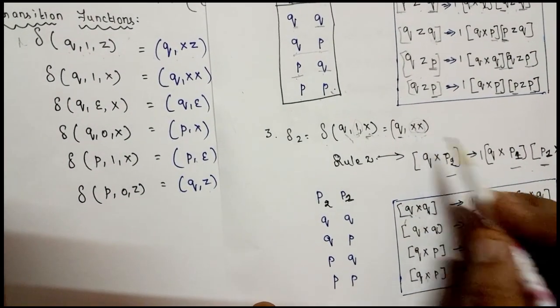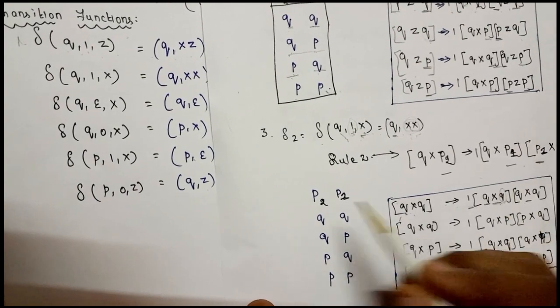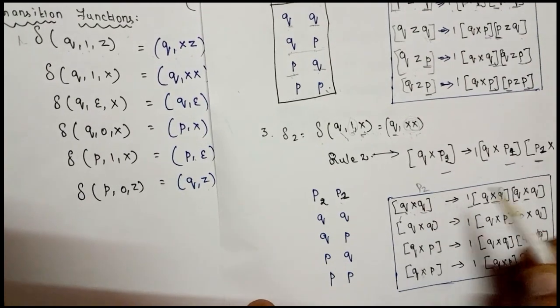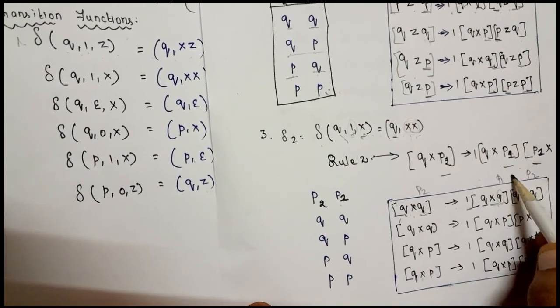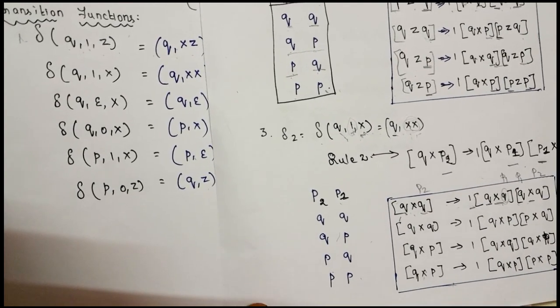Two stack symbols are there. So that is taken here, and the intermediate state is taken from P1, and this is taken from P2. So these two are P2 and these two are P1. Substitute this. Now we have four different productions.